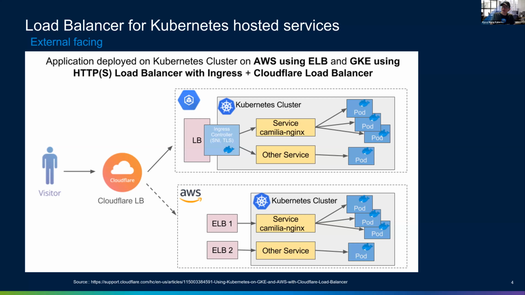But the next tier would be a load balancer hosted by your cloud provider. This diagram shows Google Cloud, as well as Amazon's AWS cloud. Those public clouds, in my experience, always have a load balancer provided by the cloud provider, and you pretty much have to go through that. That one is not an option.